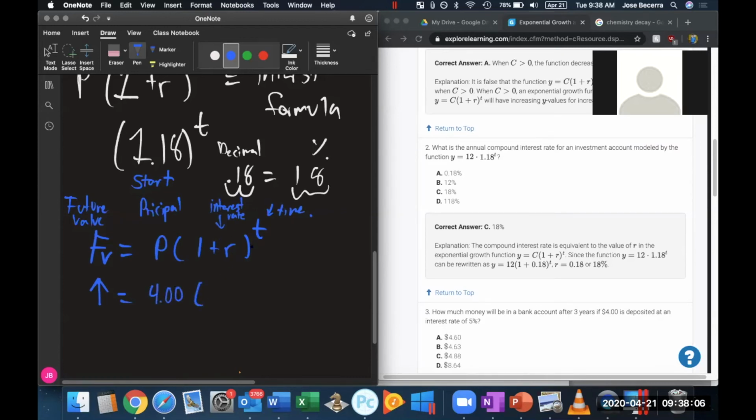Now, what is my interest rate going to be? 5%. Yes, exactly. But there's something we need to know about this interest rate, and this is super important: whenever you put it into the formula, it must be in decimal form.